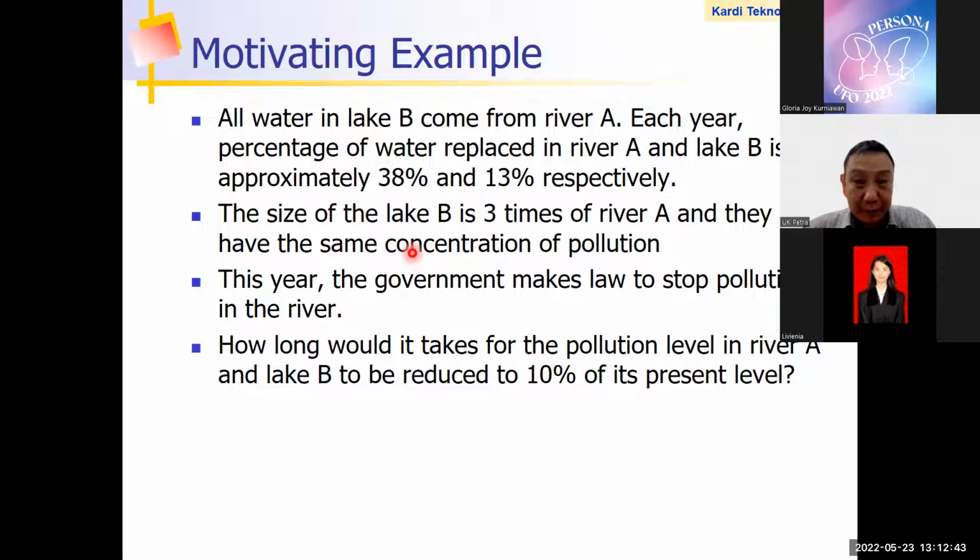So now this year, year 0, the government makes a law to stop pollution in the river. The question is, how long would it take for the pollution level in the river and the lake to be reduced to only 10% of its present level?